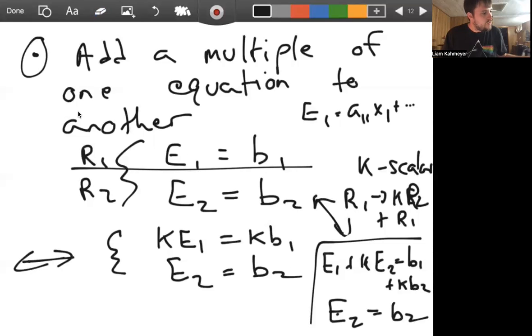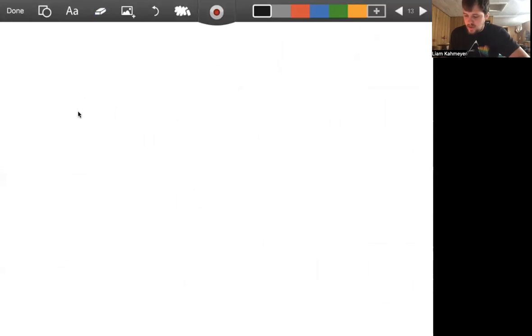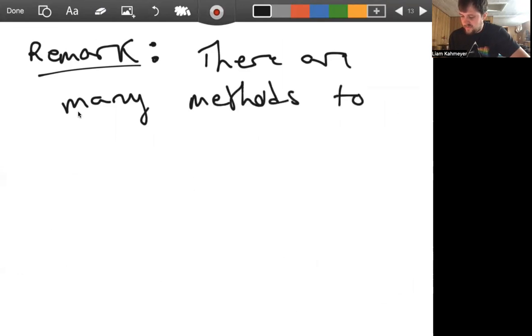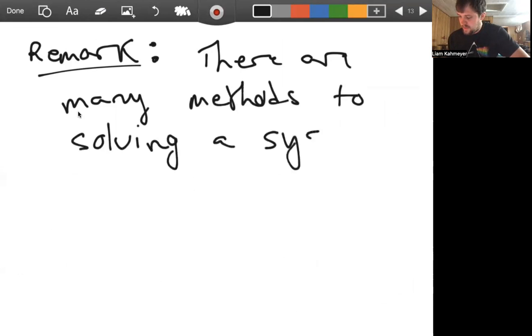And one remark I want to make is that there are many methods to solving a system of equations.